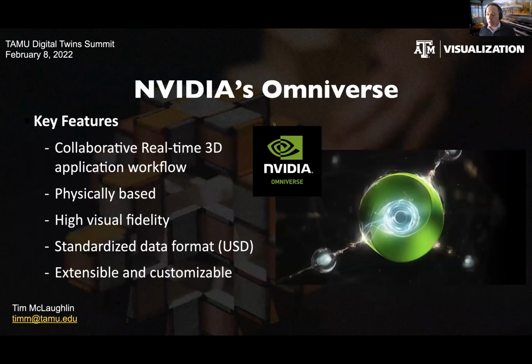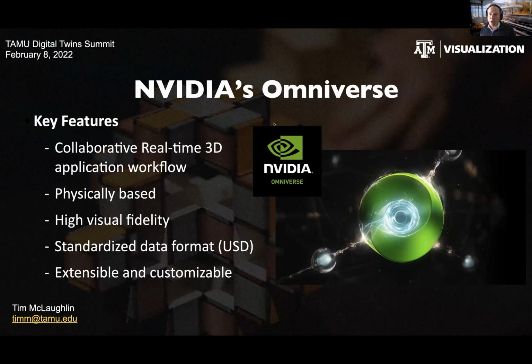One of the key players in this development is NVIDIA's Omniverse. What Omniverse is providing, and there are competitors on the horizon for sure, but Omniverse is ahead of the curve, is this 3D workspace for collaborations that require a high level of visual fidelity.